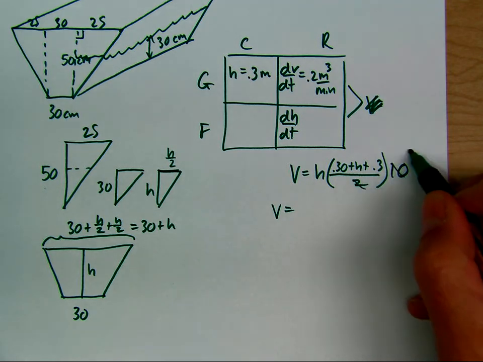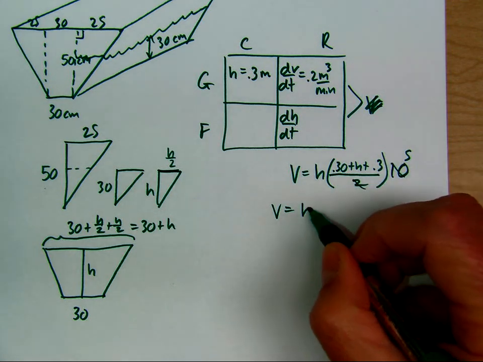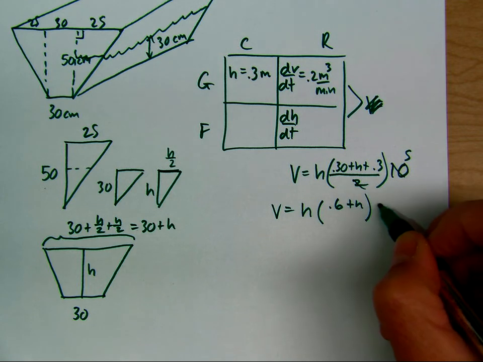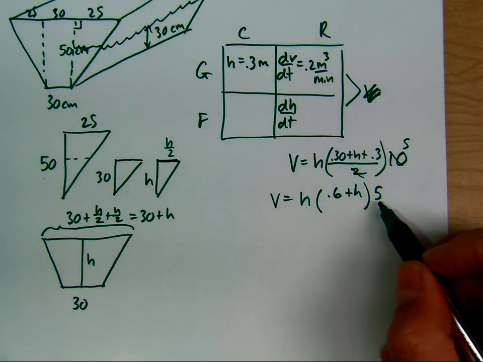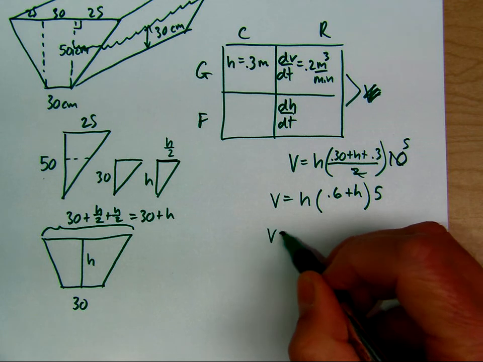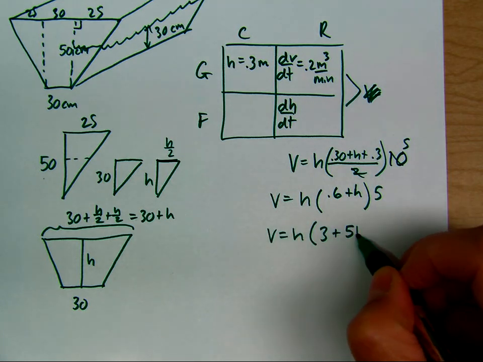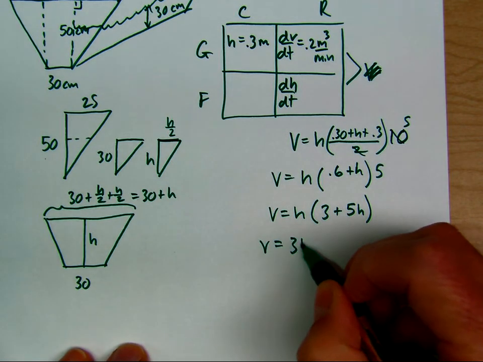And in here we have 0.3 plus 0.3 is 0.6. 0.6 plus h times 5. And if we multiply by 5, we have 3 plus 5h, or 3h plus 5h squared.